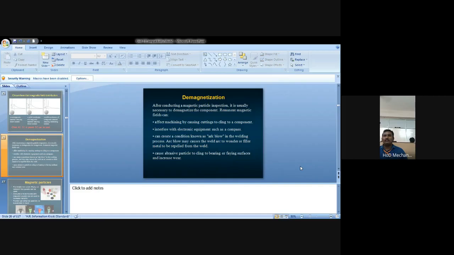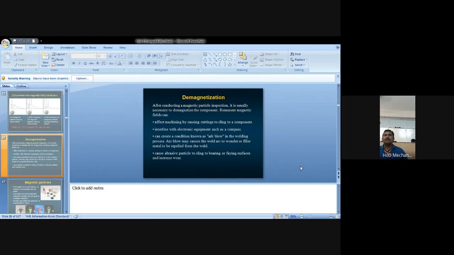affect machining by causing cutting to a component. If the material remains magnetized after testing, it will affect the machining properties because the components come in contact with each other.